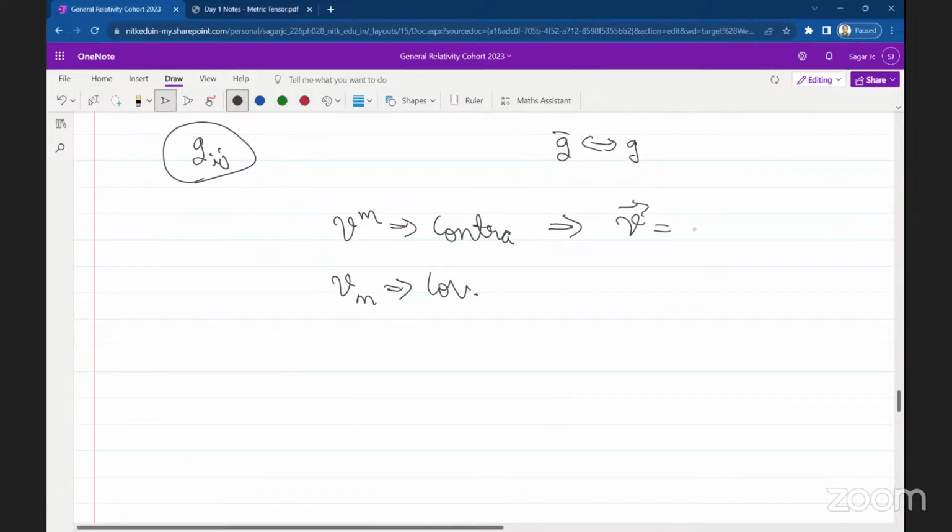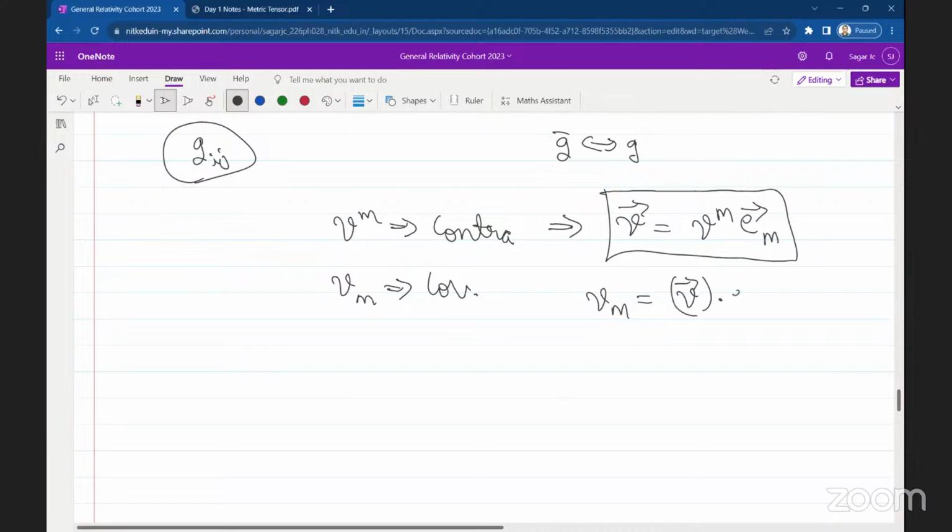I can write the vector V as V^m E_m as a vector, right? This you know. Now how can I get the contravariant component? V^m is got by dotting the vector V with E^m, right? This gave me the contravariant component.